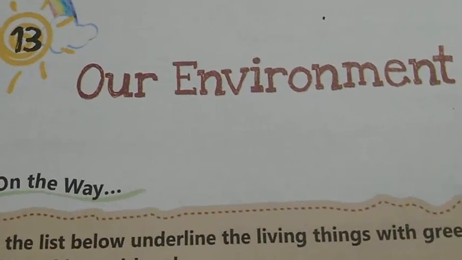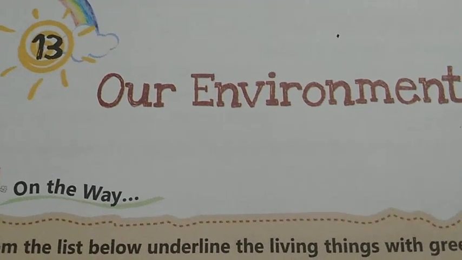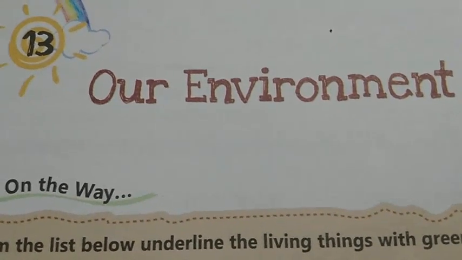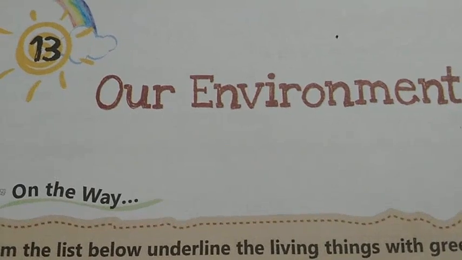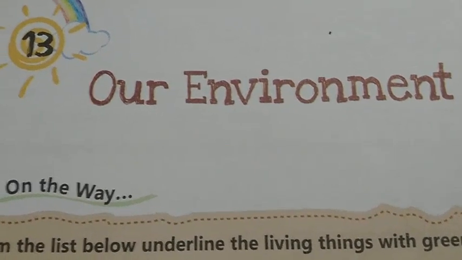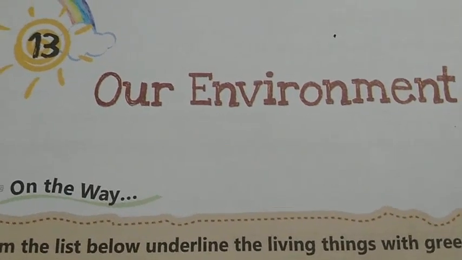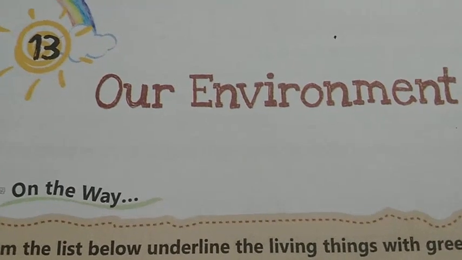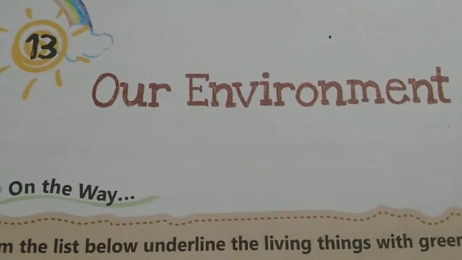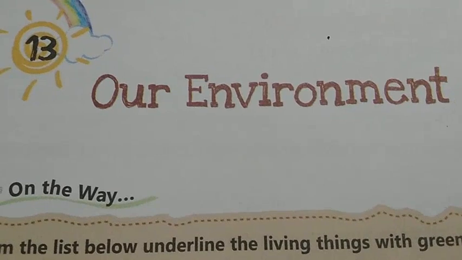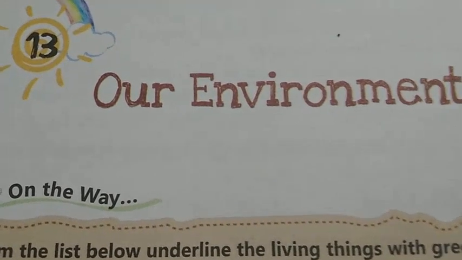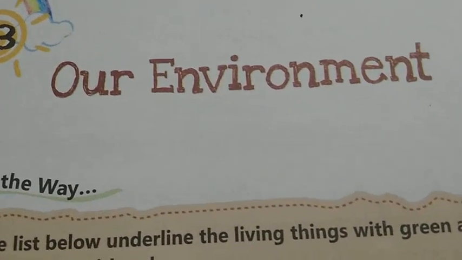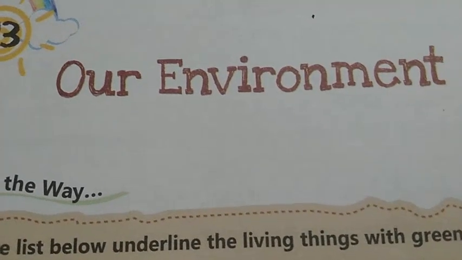Atmosphere is the thin layer of air that surrounds our earth. And you know, there are 5 layers of the atmosphere. These layers are troposphere, stratosphere, mesosphere, thermosphere, and exosphere. Troposphere is the lowermost layer of atmosphere, which is just above our Earth's surface.